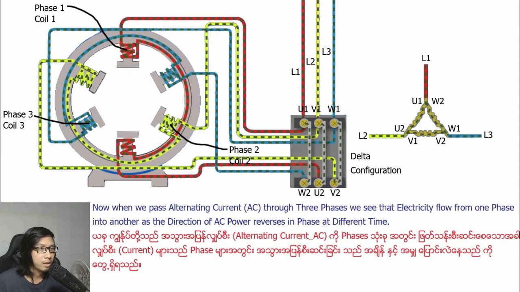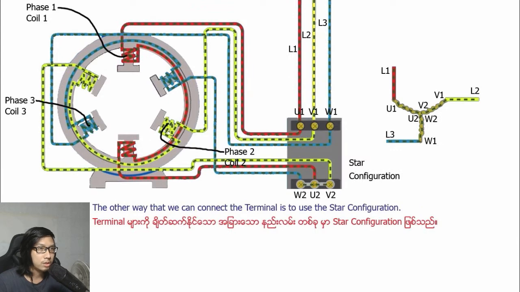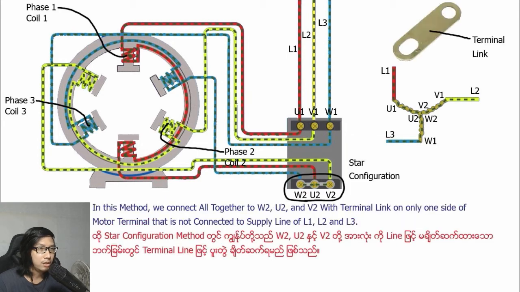The other way that we can connect the terminals is to use the star configuration. In this method, we connect W2, U2 and V2 all together with a terminal link on only one side of the motor terminal that is not connected to supply lines L1, L2 and L3.